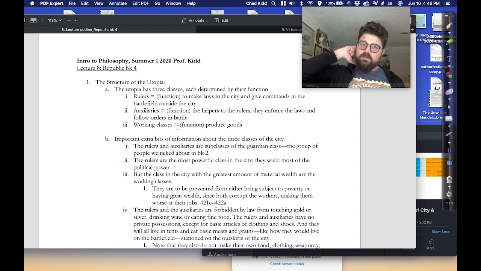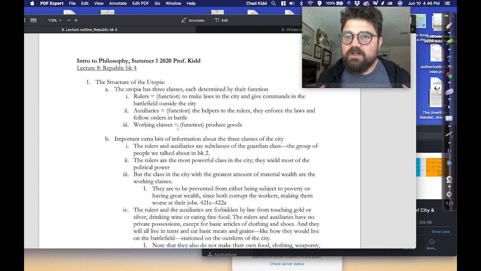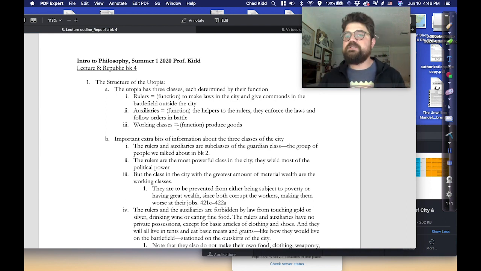Okay? All right. So what we've done up to this point in the Republic is we have, in the beginning of Book 2, been presented with Glaucon's challenge to Socrates, for Socrates to show him what is intrinsically good about justice, so that he can, in some way, address Thrasymachus's unsettling view of justice that he presented in Republic Book 1.